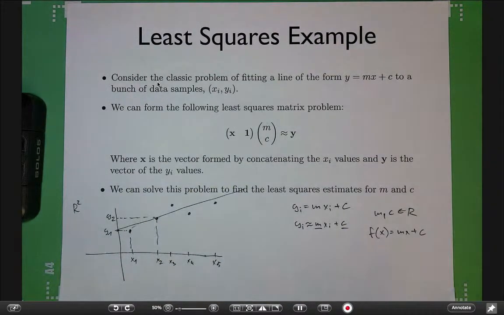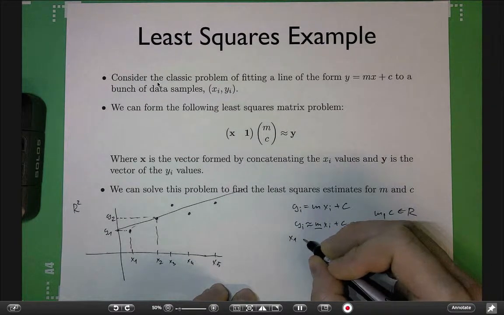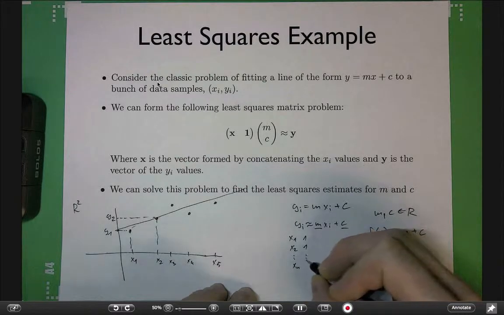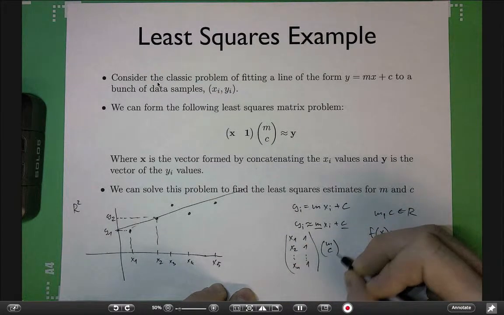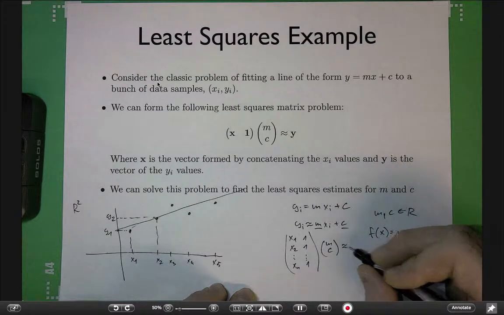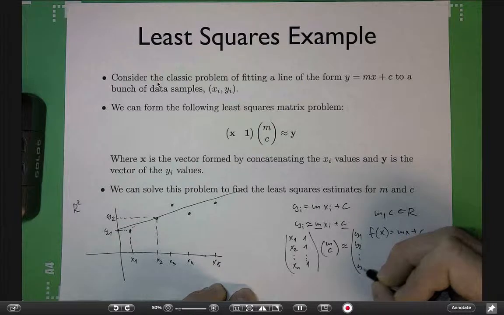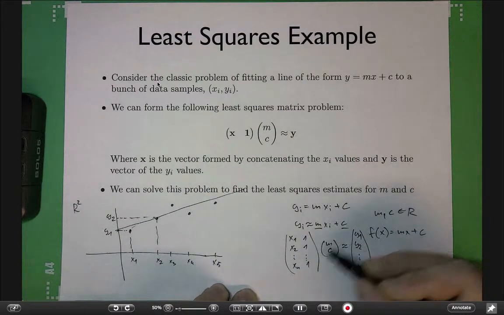This is a typical example of a problem I can solve with linear least squares, because all I need to do is put all these points in a matrix, x1 up to xn if I have n points. Then I say here are my unknowns m and c, and this has to approximate my y's. I know the x's, I know the y's, the only thing I don't know is this.